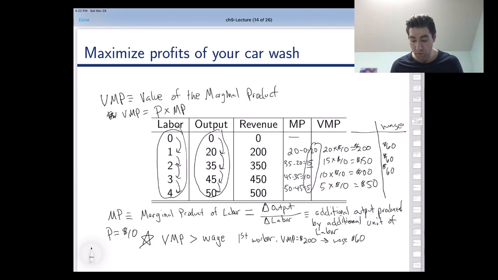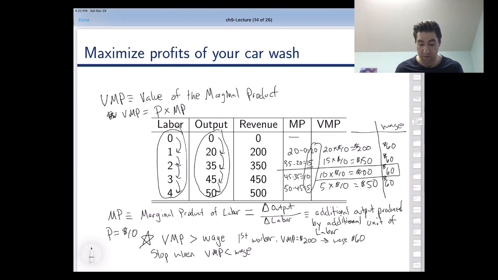Now when I go to the fourth worker, I'm going to stop when the value of the marginal product becomes less than the wage. In that case, the fourth worker is going to add $50 to my revenue, but I have to pay them $60, so I'll lose $10 of profit on that worker.